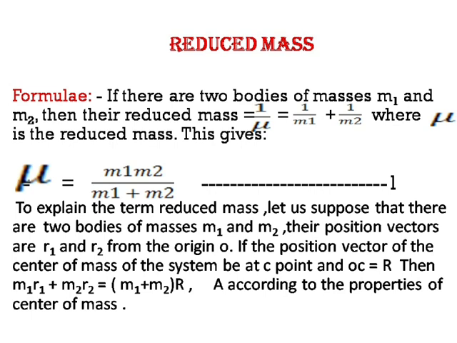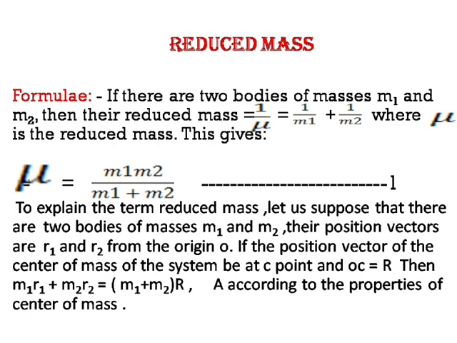If there are two bodies of masses m1 and m2, then their reduced mass is given by 1 by mu is equal to 1 by m1 plus 1 by m2, where mu is the reduced mass. This gives mu is equal to m1 m2 by m1 plus m2.